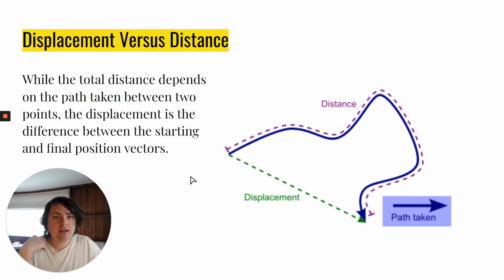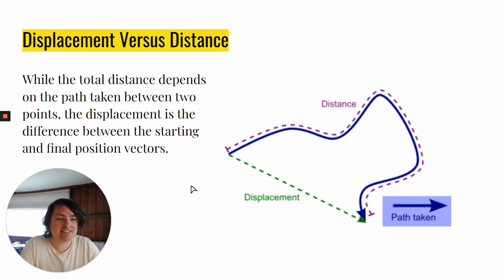Great. And now, what's the difference between displacement and distance? So this is why it's very important to use vectors for our position, because distance and displacement are almost always different.